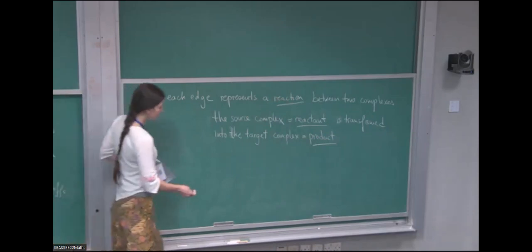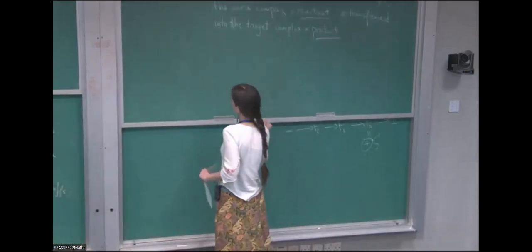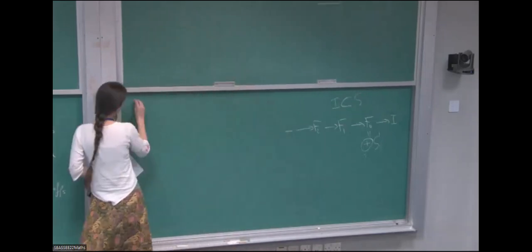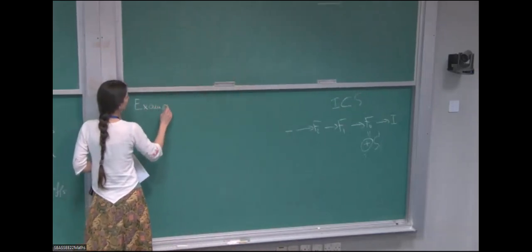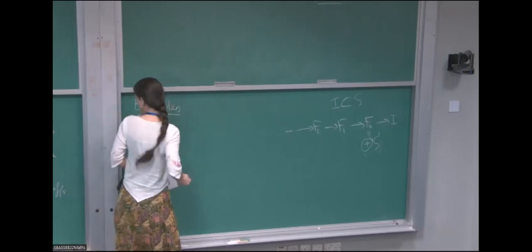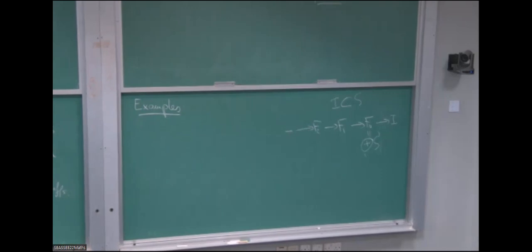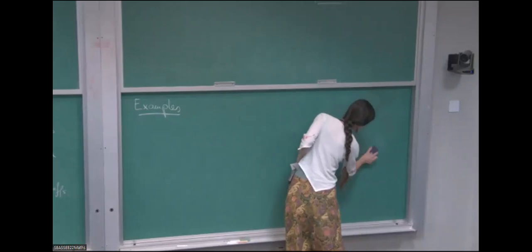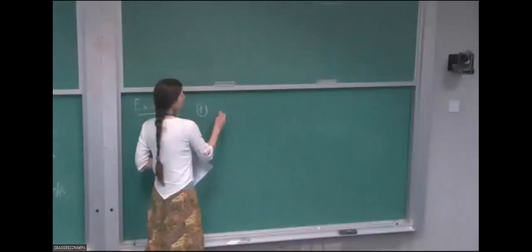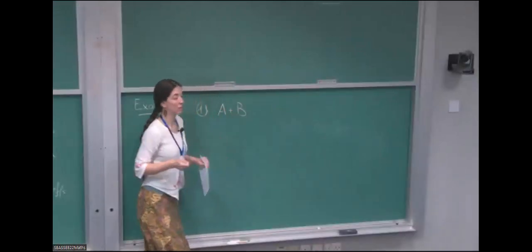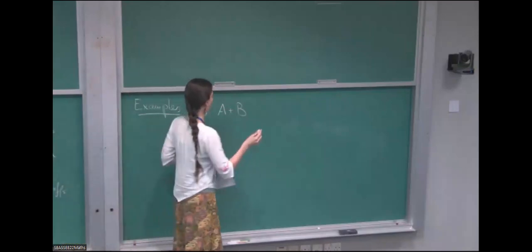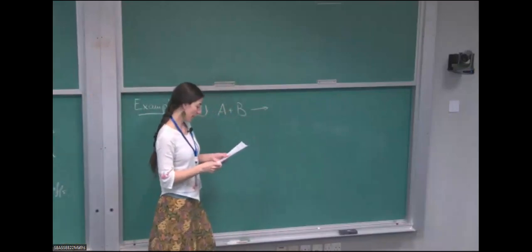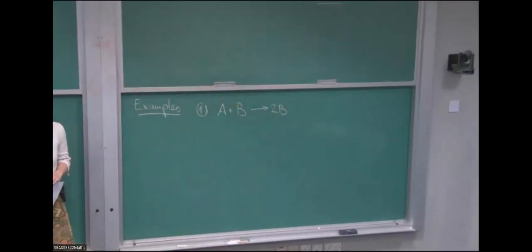Let me show you some examples. My first example will be given by two species, A and B, that get, on the one hand, transformed into 2 times B when they come together.